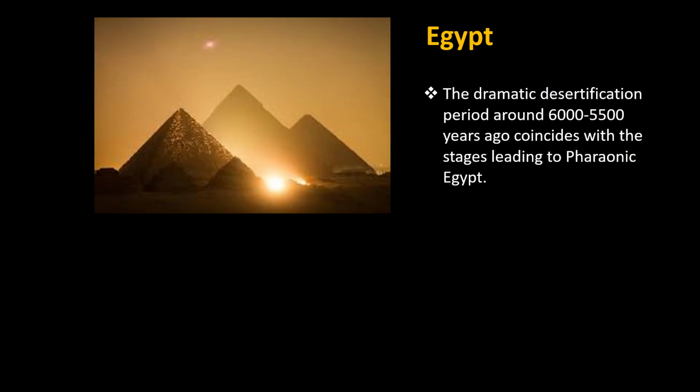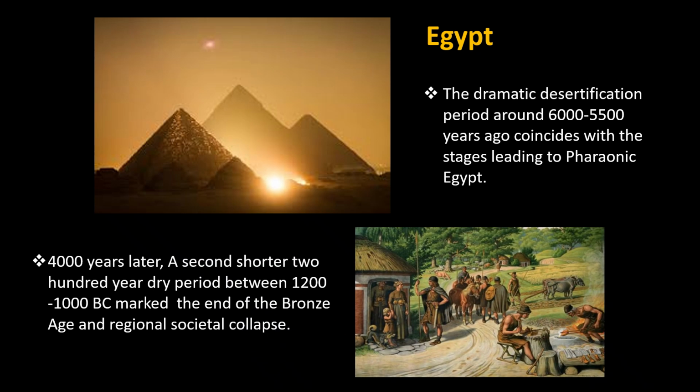In Egypt, for example, the dramatic Sahara desertification period around 6,000 to 5,500 years ago coincides with the stages leading to Pharaonic Egypt. 4,000 years later, a second shorter 200-year dry period between 1200 to 1000 BC marked the end of the Bronze Age and regional societal collapse.